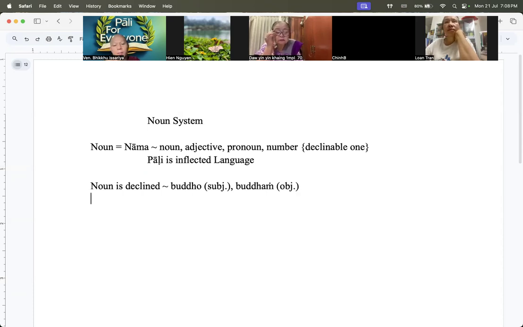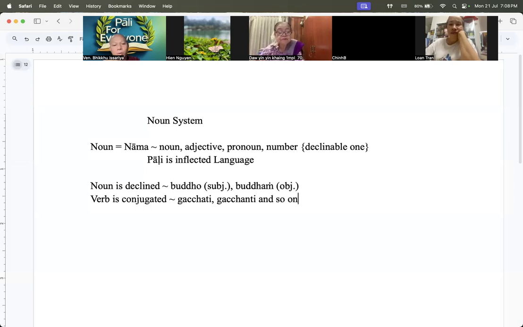But for the verb, we have already learned. For example, gacchati. For the verb, it is conjugated. For example, gacchati as third person singular, and we already learned gacchanti and so on.